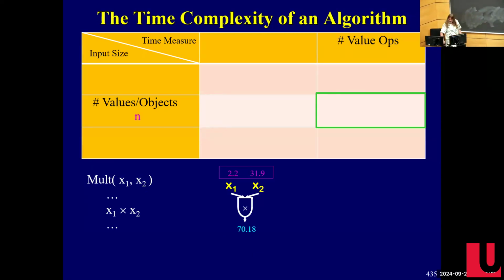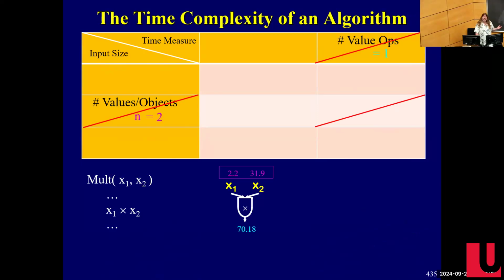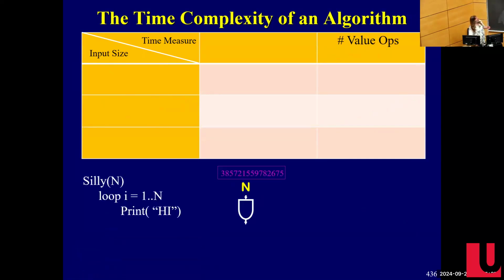Well, in our chosen model of computation, the size of the input is 2, and the number of value operations is 1, i.e., all you did is one multiplication. So clearly, that's a dumb model for this problem. Everybody agree with that?